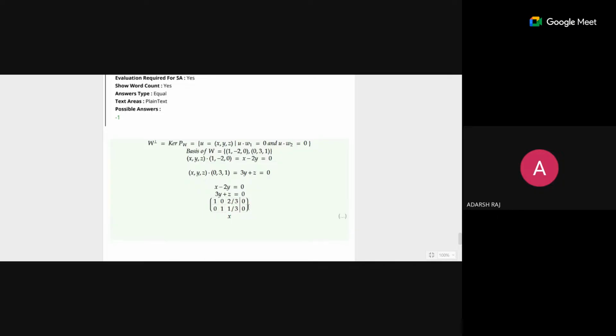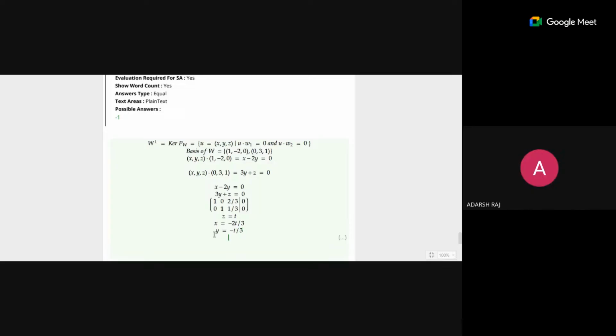So tell me which variable is independent here. z is independent. So can I take z equal to t? Yes, sir. So if z equal to t, then the value of x will be minus 2t by 3, and the value of y will be minus t by 3.